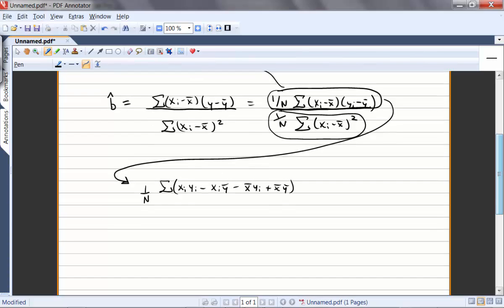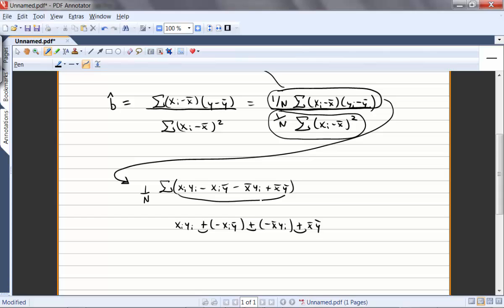But since this is a sum inside of here, right, we have xi yi plus a negative xi y bar plus a negative x bar yi plus x bar y bar. It's a sum.